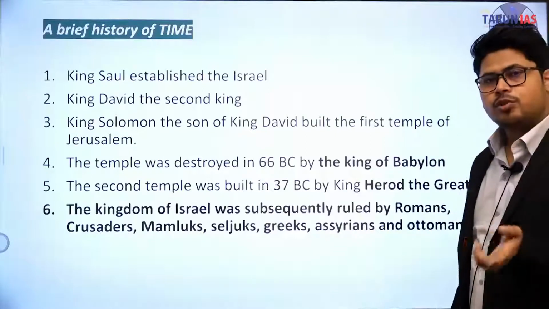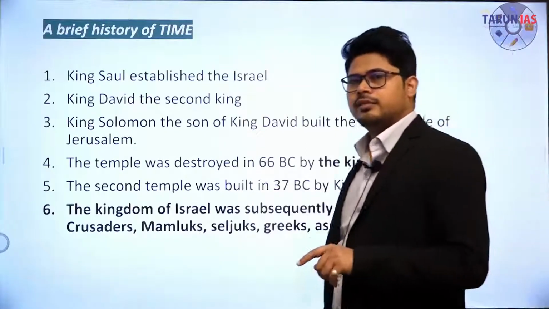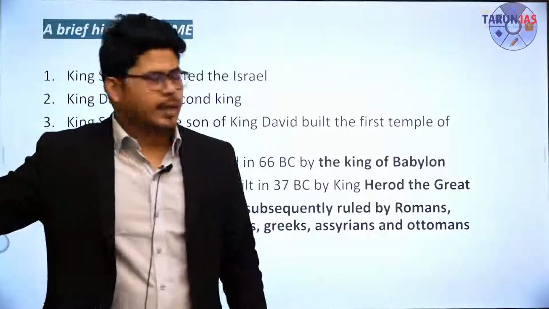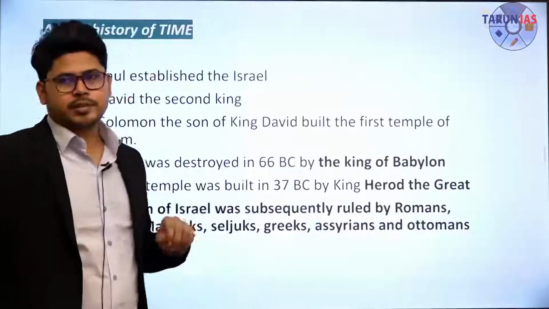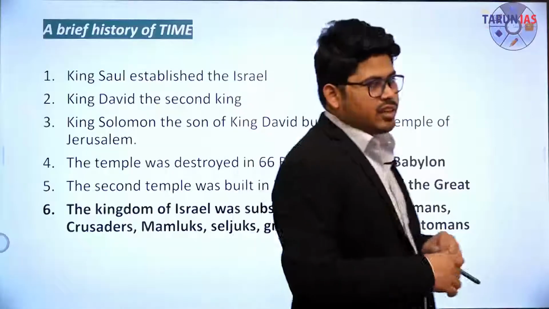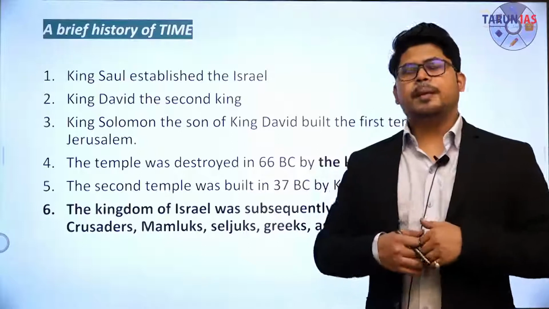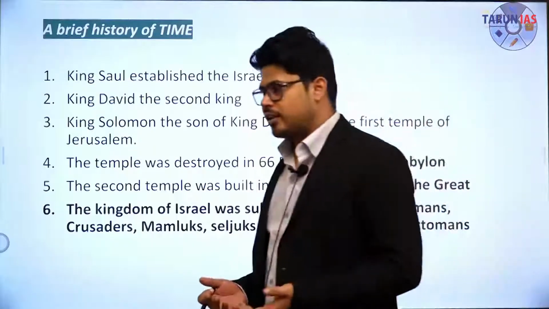The second temple was again built by the great king Herod, in 37 BC. But the Israeli kingdom was actually ruled by many dynasties and many people.